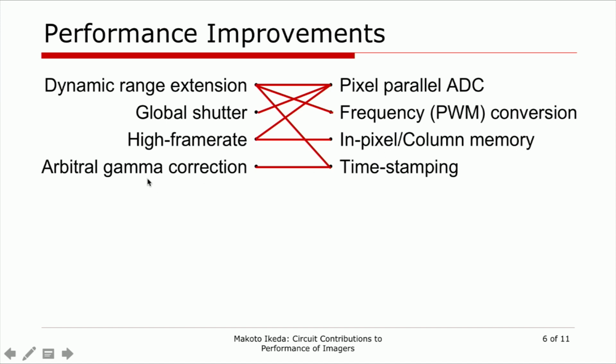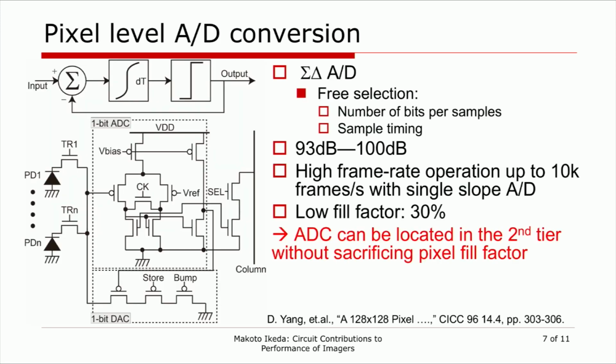Also, gamma correction or higher functionality such as motion detection can be realized by matched pixel circuits. Let me introduce several prior trials for pixel parallel circuits.